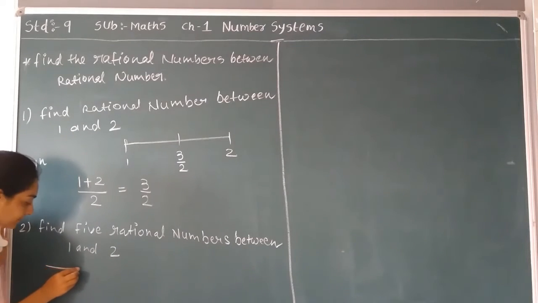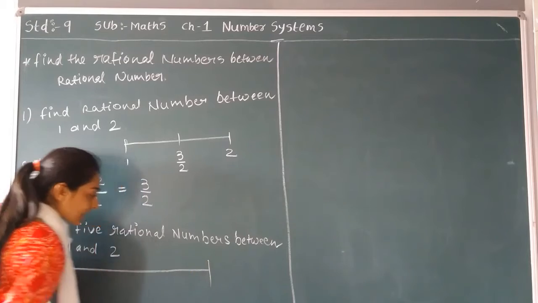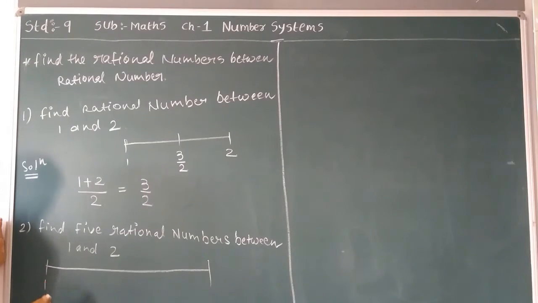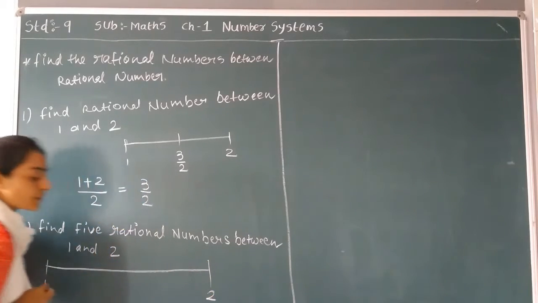So if I draw a number line like this one, 1 lies over here and 2 lies over here.